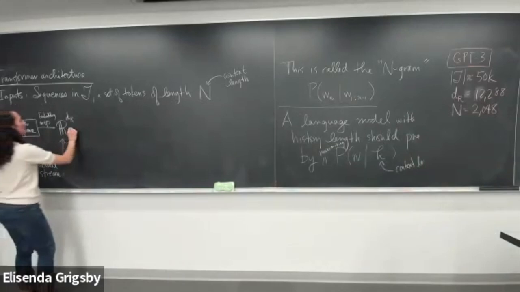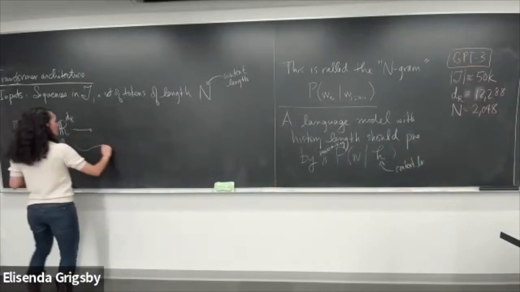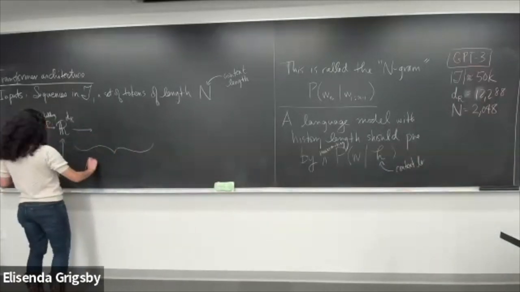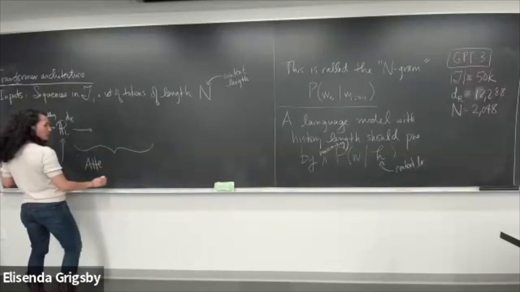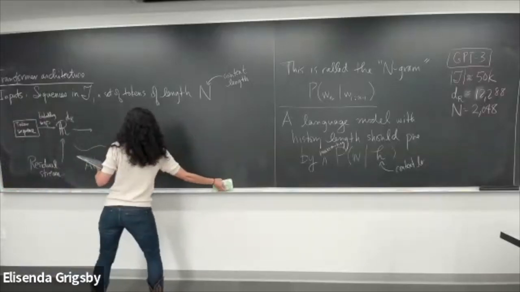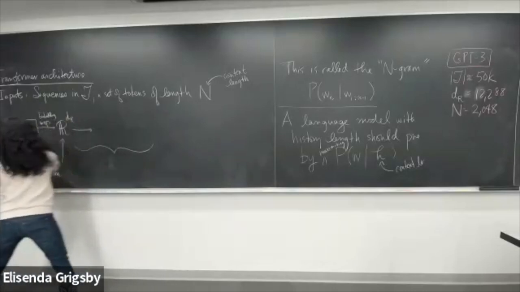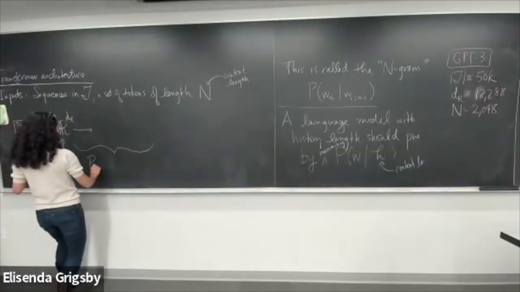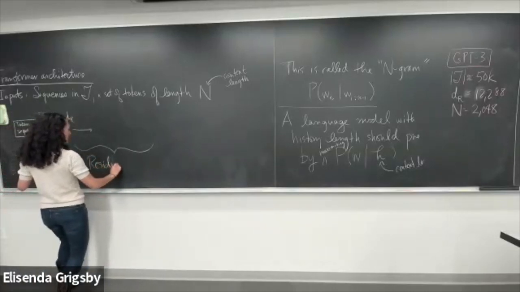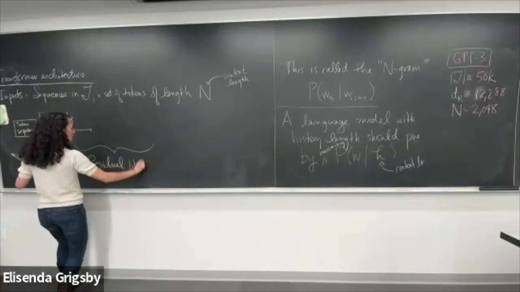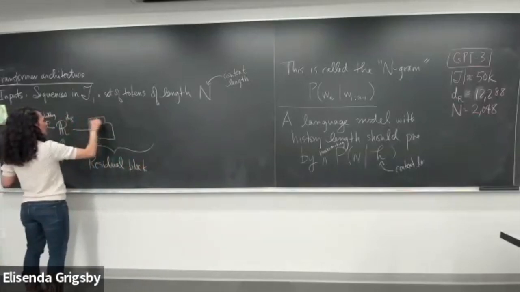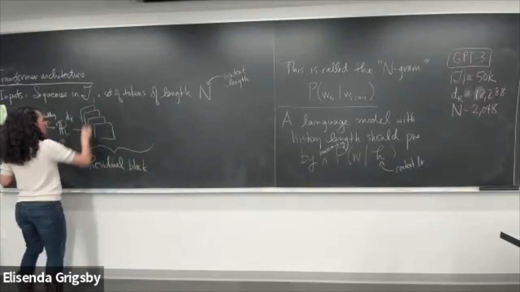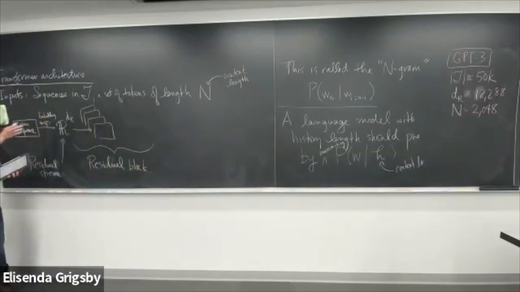And then you have so-called attention blocks. Actually, let me describe what are called residual blocks, which have a bunch of what are called attention heads that are run in parallel.